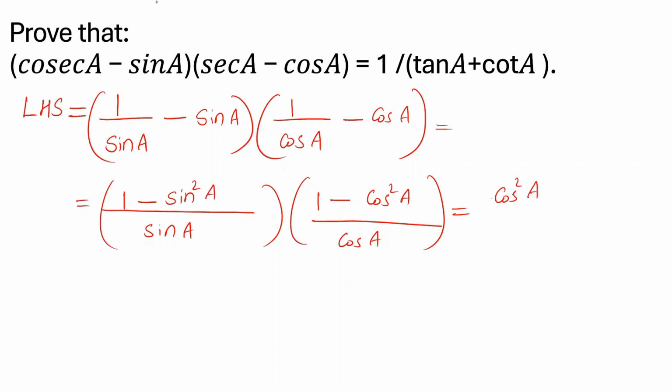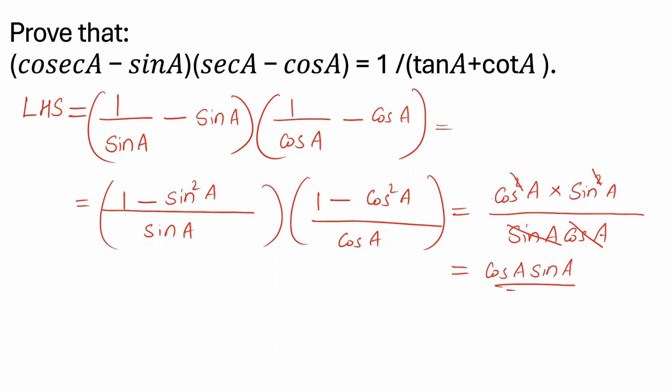It is cos square A, times (1 minus cos square A), sin square A, whole divided by sin A cos A. We can cancel 1 cos A and 1 sin A. The remaining form will be cos A sin A. By practice only we can do like this. Otherwise, we will definitely deviate to some other forms. Okay, just practice daily. Cos A sin A. And this is the LHS.